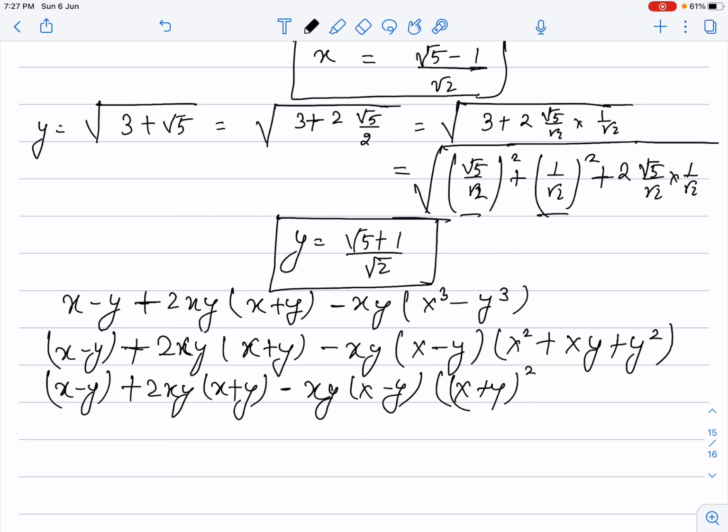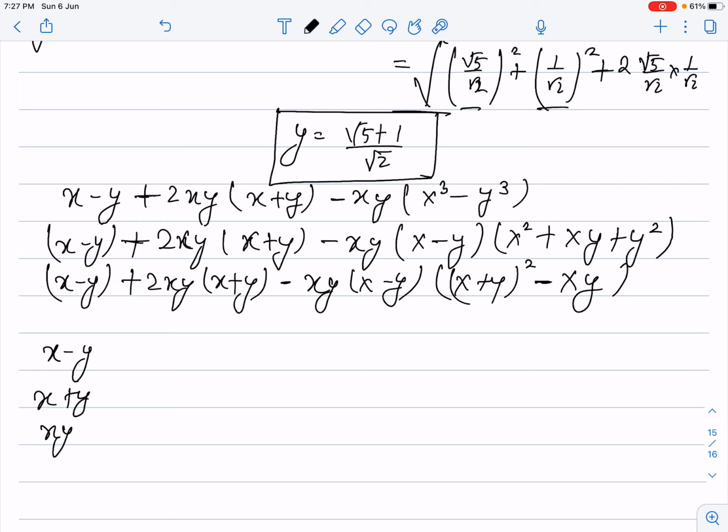A square plus b square is equal to a plus b the whole square minus 2ab, means minus 2xy plus xy will be minus xy only. So guys, we have three things over here: x minus y, then x plus y, and xy. If we get the value of these three things, I can substitute it in the equation and get the final answer.